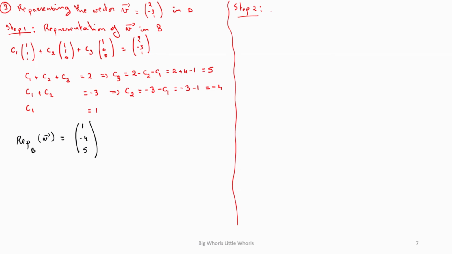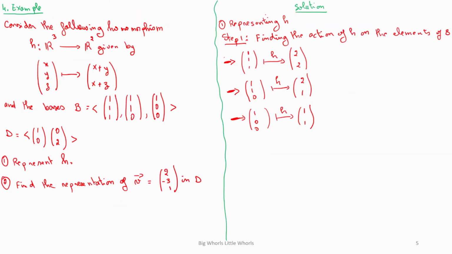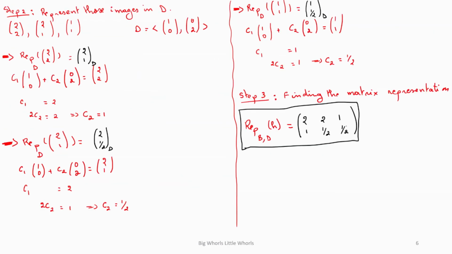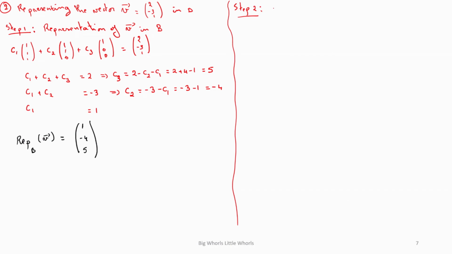So that's the representation of the matrix. Let me write it down fully: the matrix representation with respect to B, D of H multiplied by the representation with respect to B of the vector.